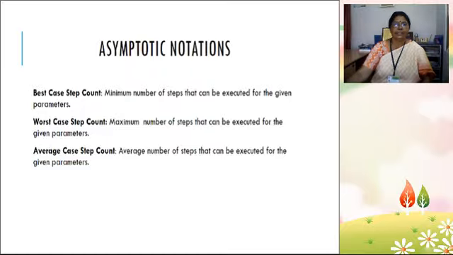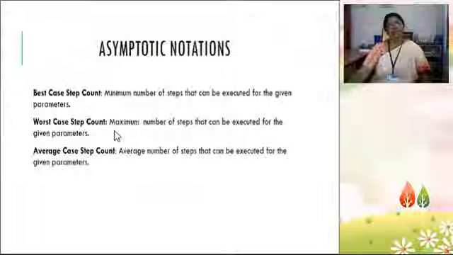So what is best case step count? Best case step count is the minimum number of steps that can be executed for the given parameters. Worst case step count is the maximum number of steps that can be executed for the given parameters. Average case step count is the average number of steps that can be executed for the given parameters.